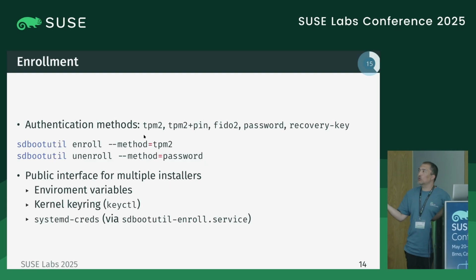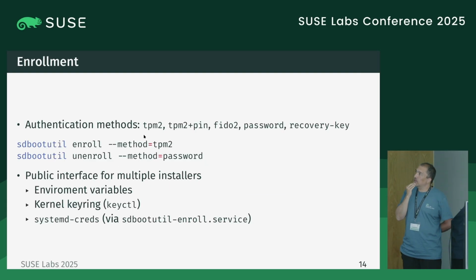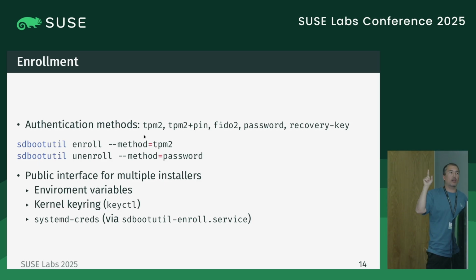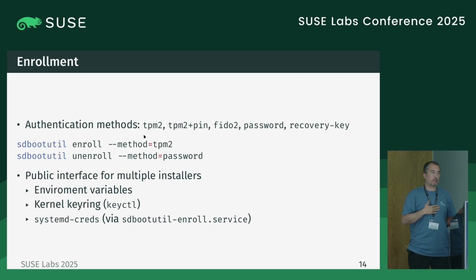So what did we change during the last year? I think the biggest change in terms of usability is that now the enrollment process is part of the sdbootutil tool. This is kind of obvious. Well, I mean, why so late? The reason is that we started developing the tool as a disk image distribution.